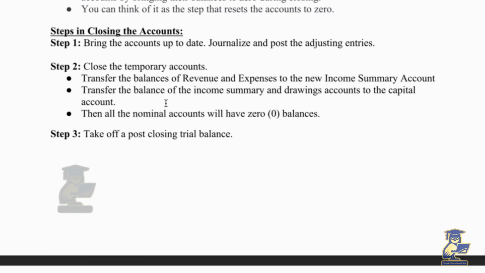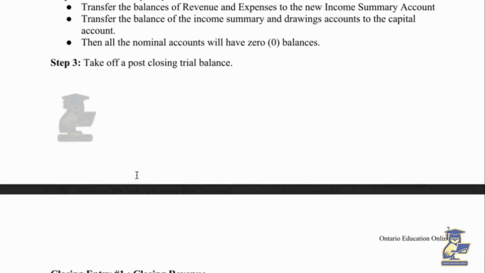And then once we have our expenses and our revenues in that income summary, we can bring the income summary and our drawings accounts to the capital account. And then at this point, all of the nominal accounts will have a zero balance. And our final step is to take off a post-closing trial balance.